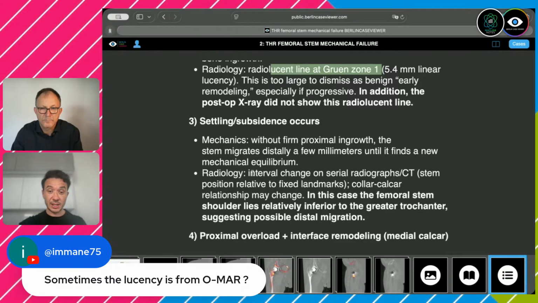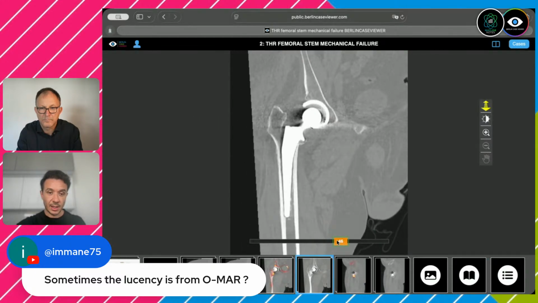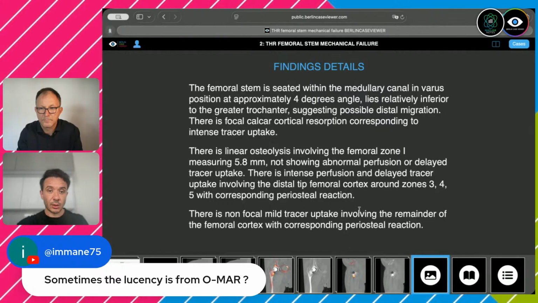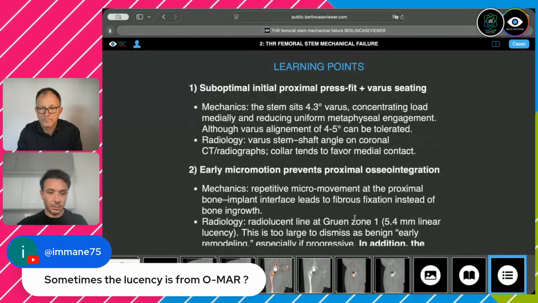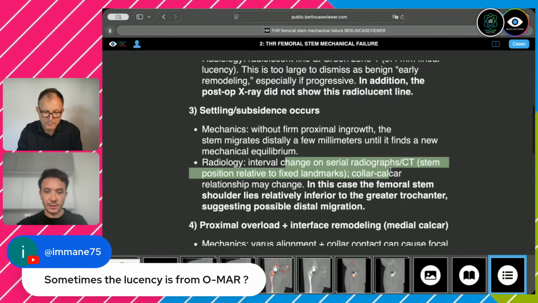The interval change in the serial radiographs or CT, depending on what the patient did. So you can have serial X-rays or serial CTs, and if we see this changing in position over a period of time, you have to think that we definitely have a subsidence. Okay, so as I said, interval change in serial radiographs or CT.